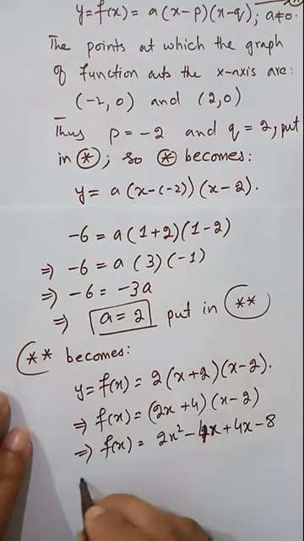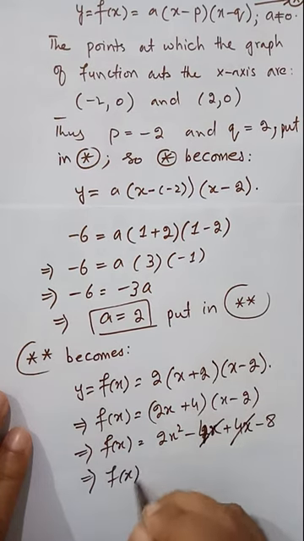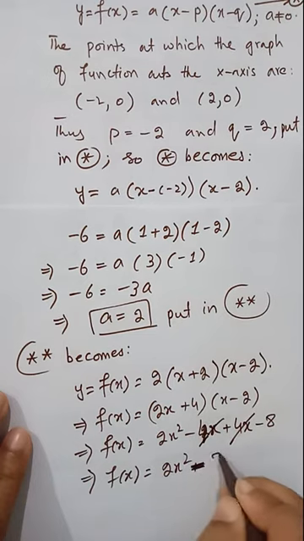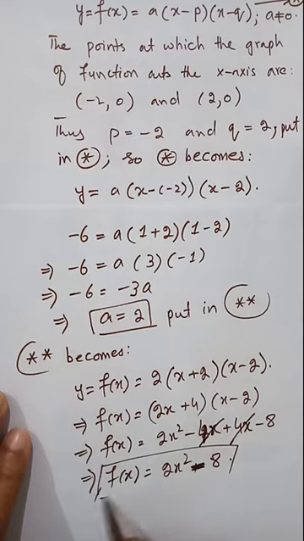So this is -8. This is plus and this is minus, so same terms with different sign will cancel. So f of x is equal to 2x square minus 8. This is the required equation of the function.